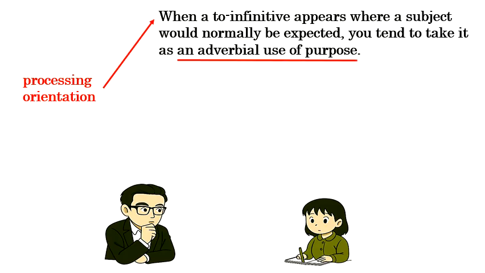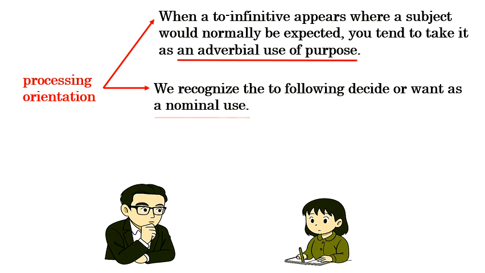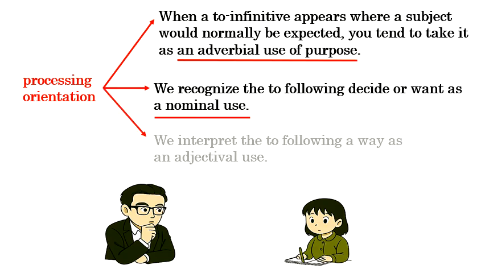With expressions like decide to or want to, a different processing orientation is at work. We recognize the to following decide or want as a nominal use. There is yet another processing orientation that leads us to interpret the to following away as an adjectival use.